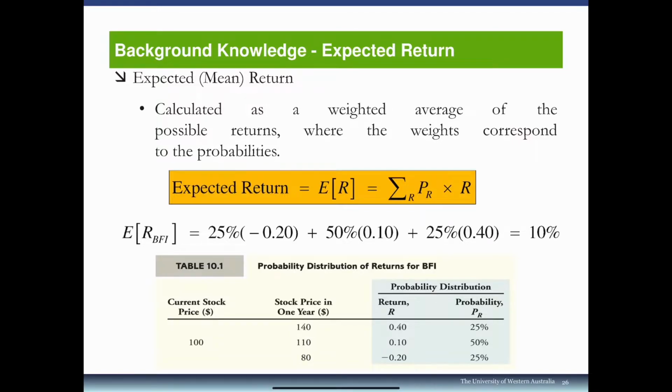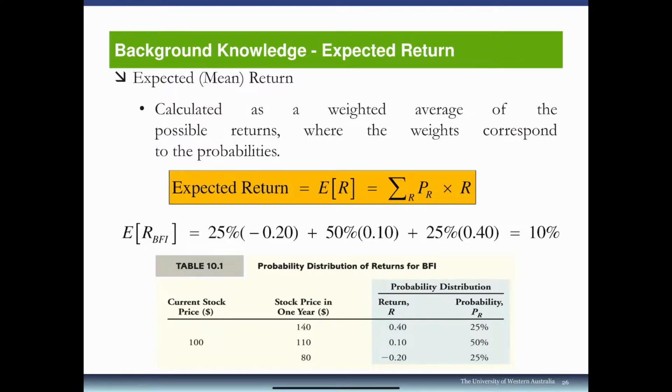If you haven't, don't worry about it. What you expect to get on average is represented by E[R], where R stands for return, and it is calculated as a summation of the probability of each outcome times what the outcome will give you.